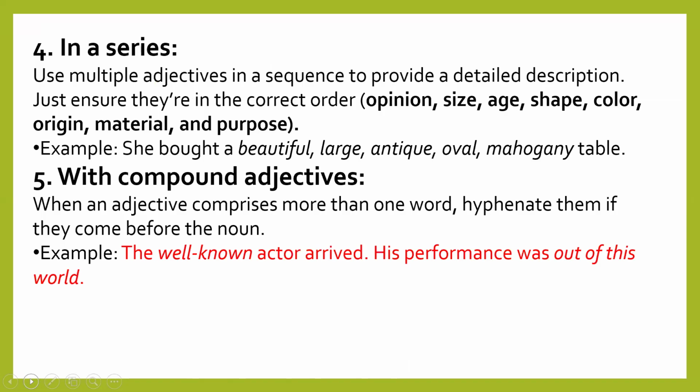In a series, use multiple adjectives in a sequence to provide a detailed description. Just ensure they are in the correct order: opinion, size, age, shape, color, origin, material, and purpose. For example, a beautiful, large, antique, oval, mahogany table.